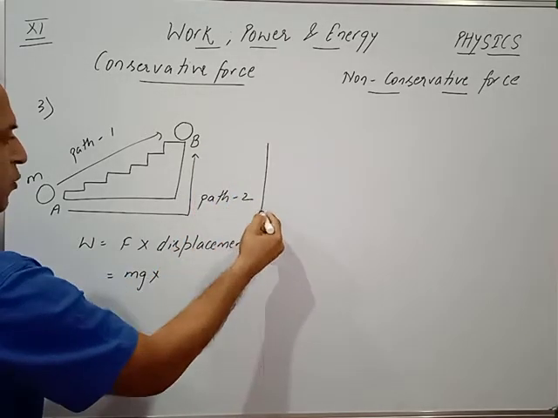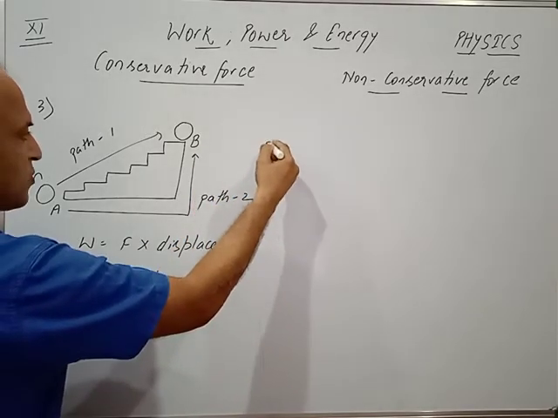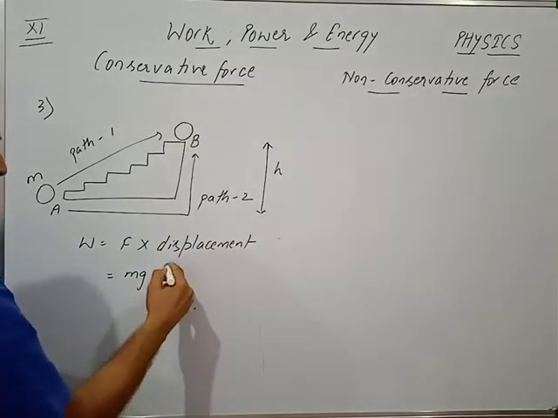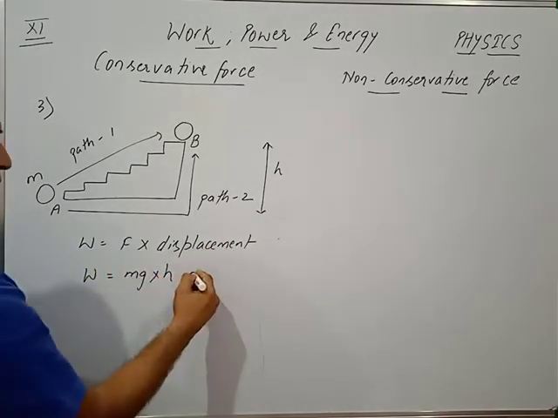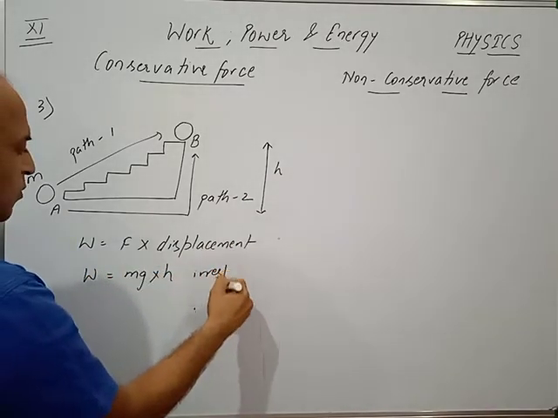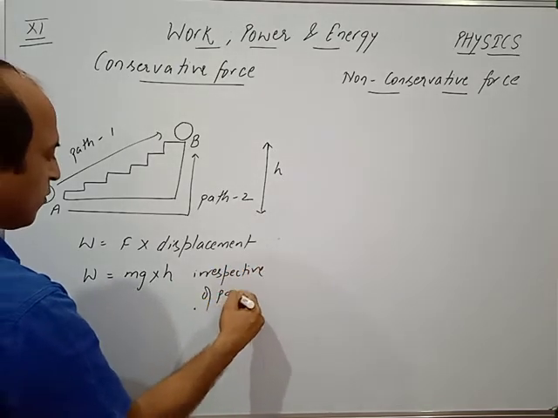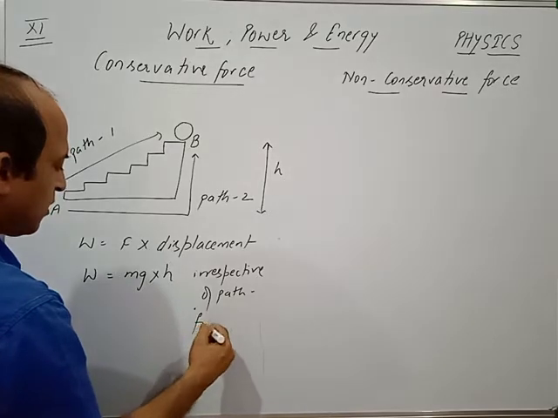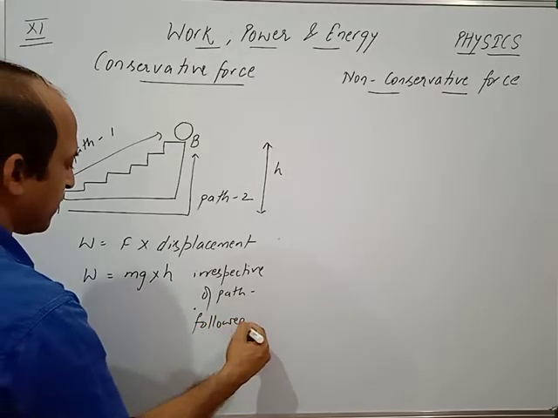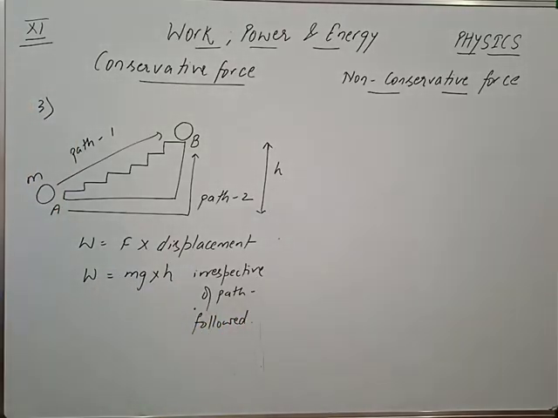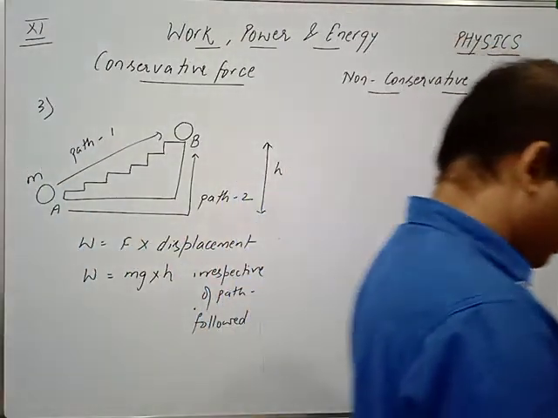Class, you know displacement is going to be the height of the building h. That means mgh will be the work done irrespective of the path followed. So whether you take path 1 or path 2 hardly matters. In both cases the work done is the same.